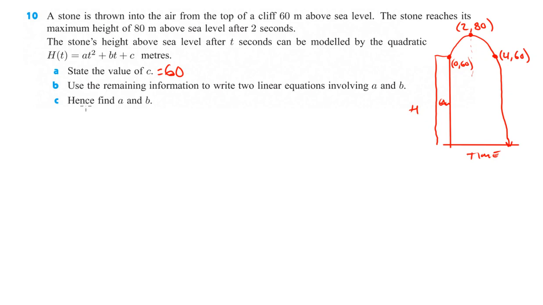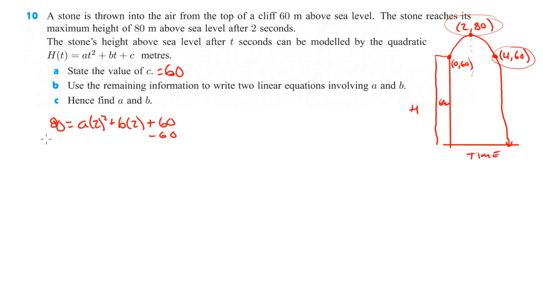Okay, so let's use these 2 points to come up with the remaining information to write two linear equations involving a and b. If we use this 2 and 80 first, 80 equals a times 2 squared plus b times 2 plus, we know c is 60.